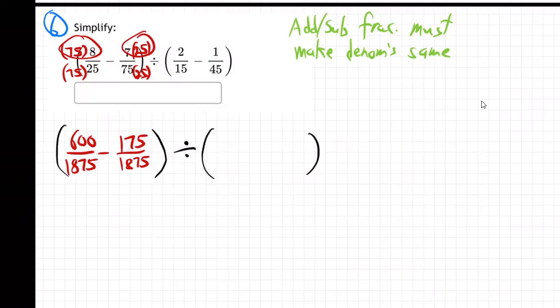On the other side, same kind of thing, but it's different denominators. So I'm going to multiply top and bottom by 45 on this one, 15 on that one. Does that make sense? So both those denominators will become whatever 15 times 45 is, 675.